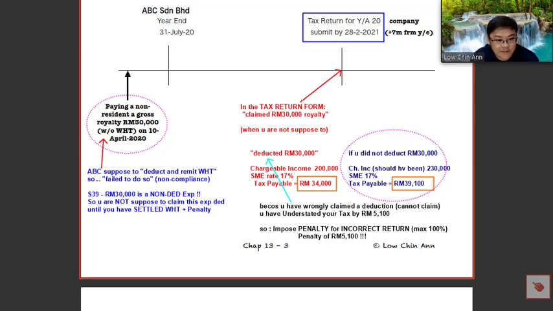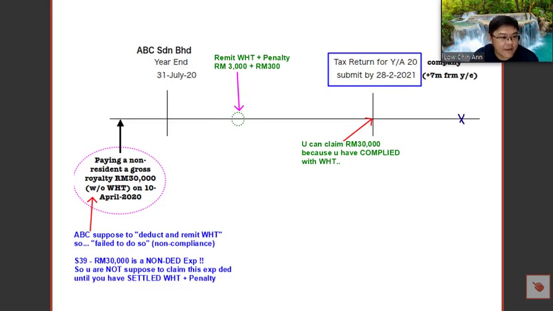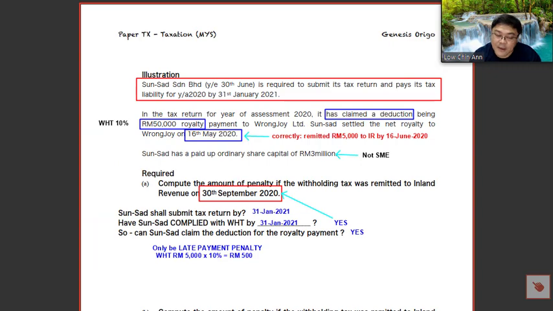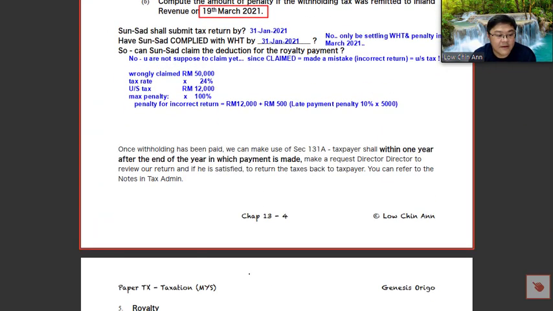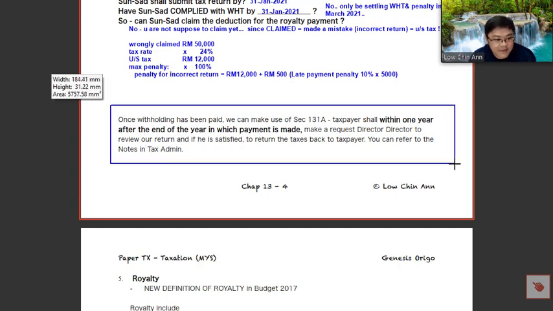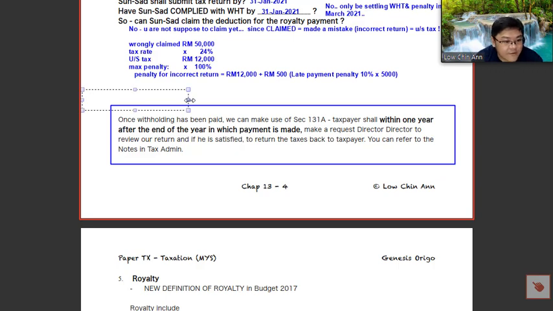Then once you settle everything after the due date of the tax return, you should apply to the government to tell them that you have settled it and now you want to take back your money. So this is what the law says, that you should use this section, the correct step.